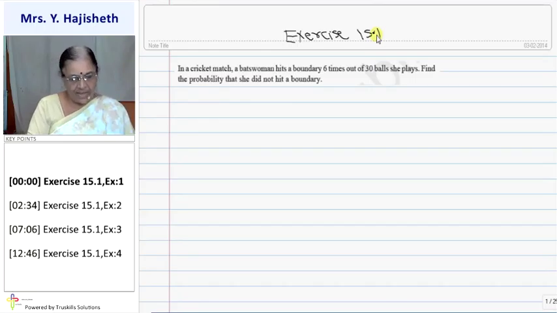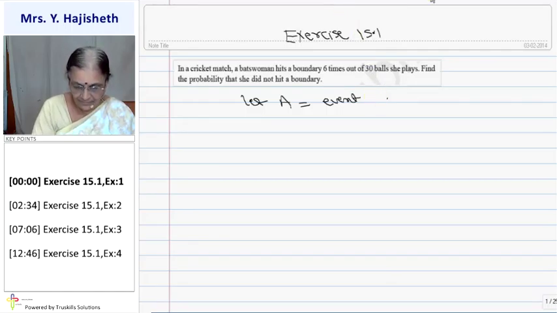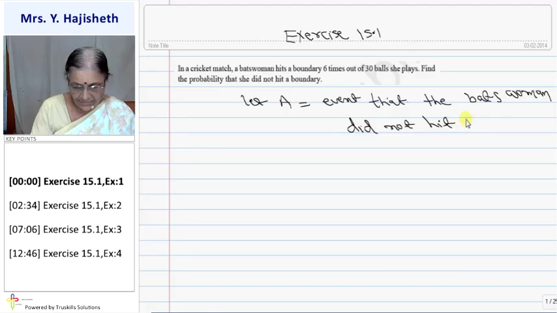Now see here, I assume, let capital A denote the event that the batswoman did not hit a boundary.